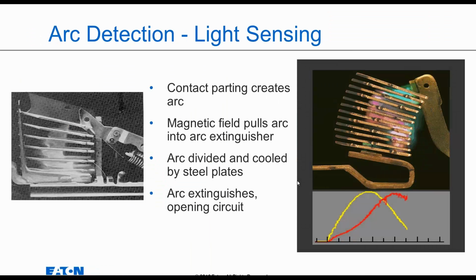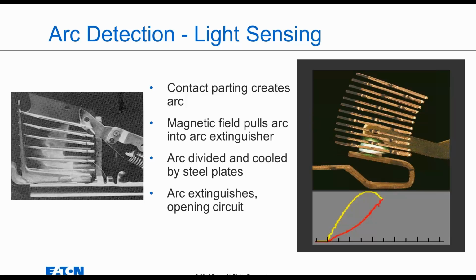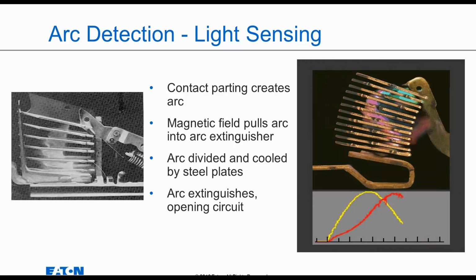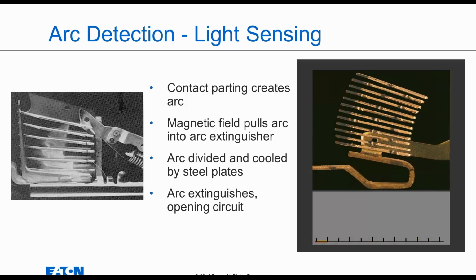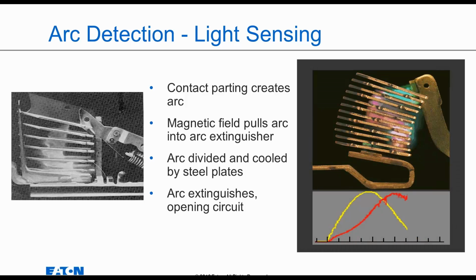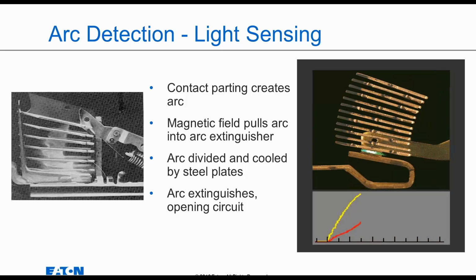An important part to understand too, if you're applying these light sensing relays to a low voltage system, low voltage circuit breakers interrupt the fault in air. And what is created is actually a controlled arc inside the circuit breaker.